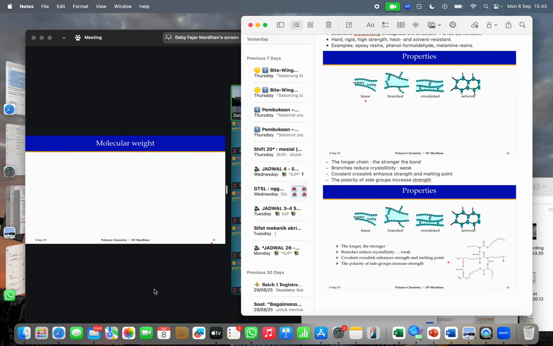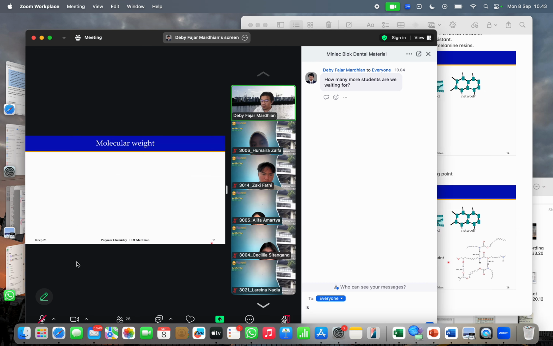Second thing is the molecular weight. Practically, we cannot define the exact molecular weight of a polymer.